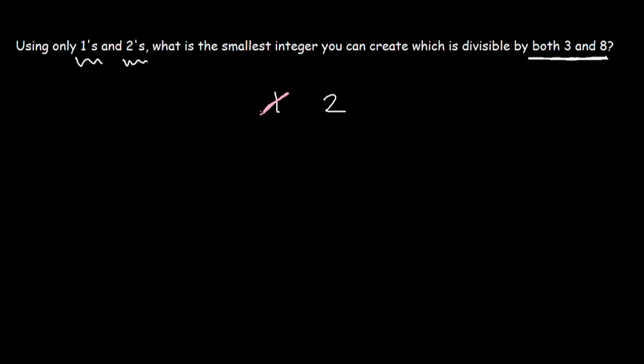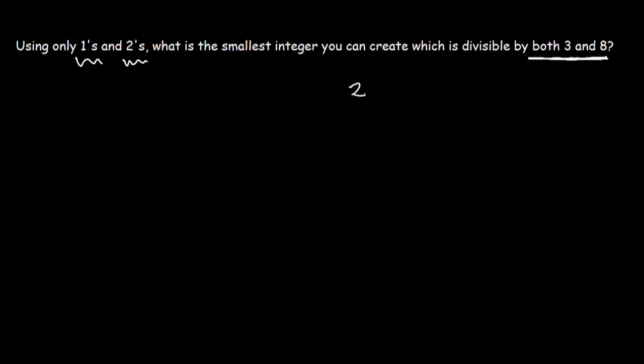So we definitely know that the 1's digit is going to be 2. Let's keep 2 and move on, because we know that 2 is not divisible by 3 nor 8, right? So whatever number we're going to get, it's going to end in 2.